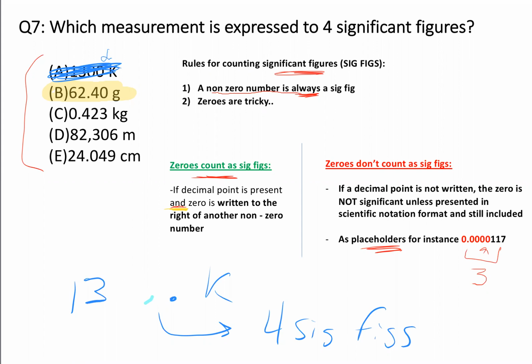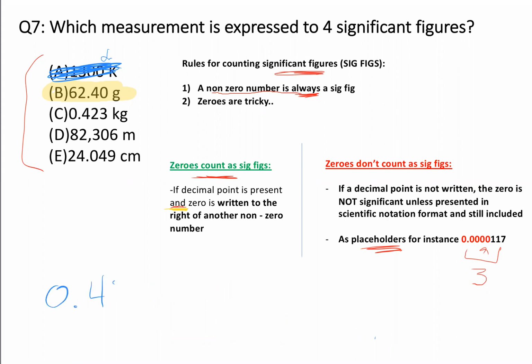Okay, so let's look at choice C. Choice C is 0.423 kilograms. Now there are 4 digits there, and 3 of them are obviously not 0, so there's at least 3 sig figs. So the question is, what about this leading 0? Is that significant or not? Let's think about it.